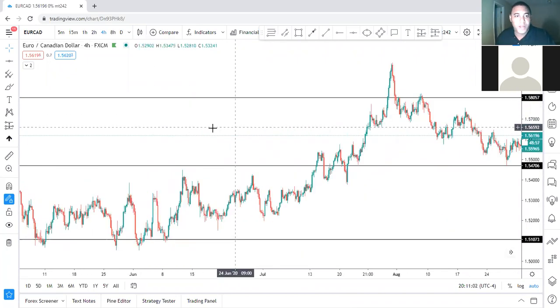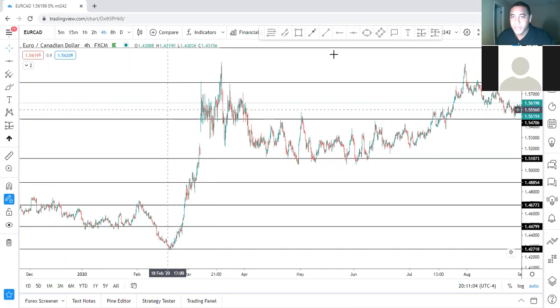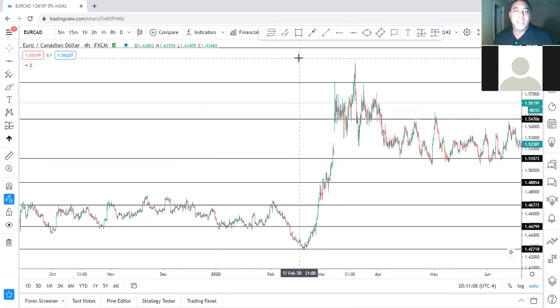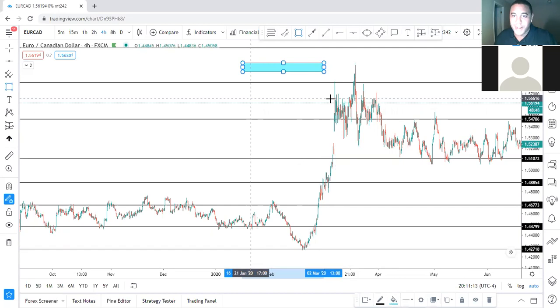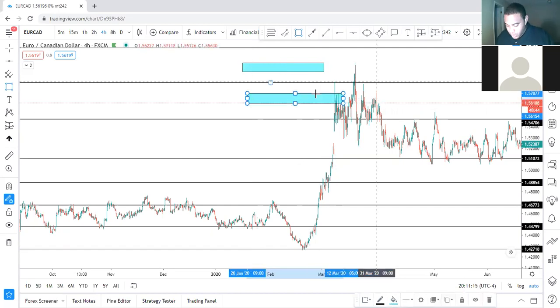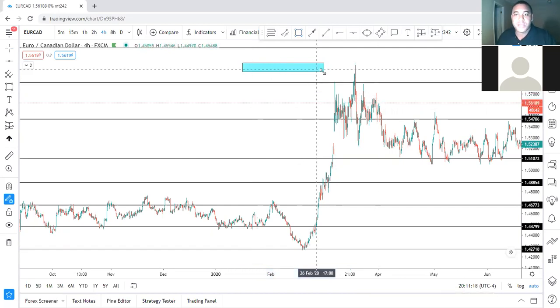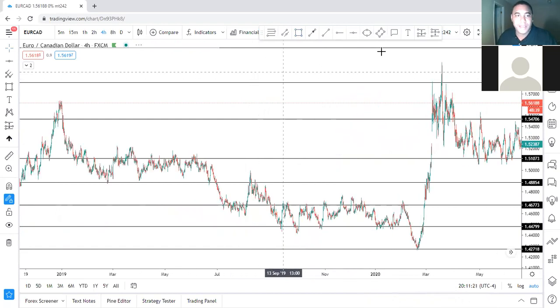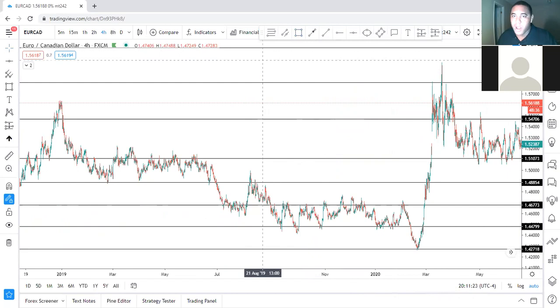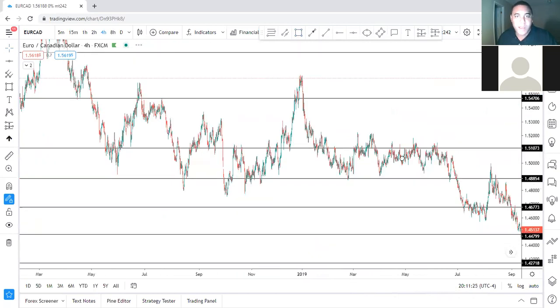So what I'm looking for now is, because we know support and resistance is more than just this one line, I want to place zones on my chart so I can cover that entire area where price may possibly find support or resistance in the future. And so I'm just looking for more candles in these areas so that I can mark up from the top and just work my way down.